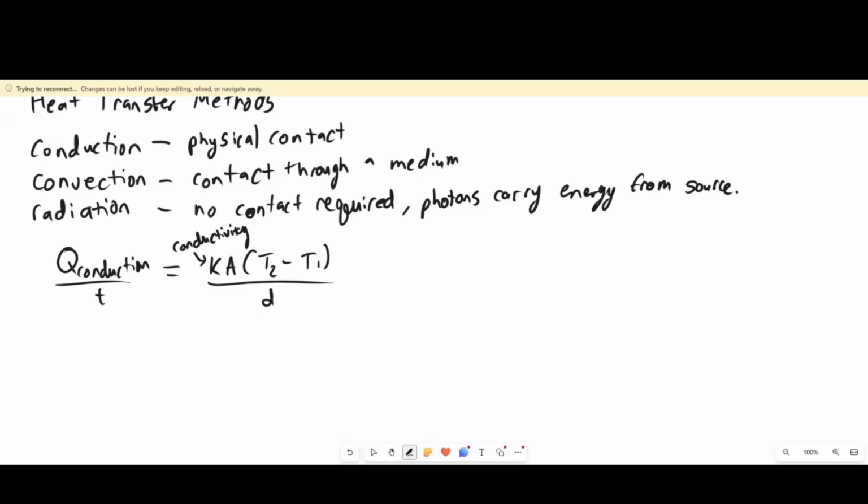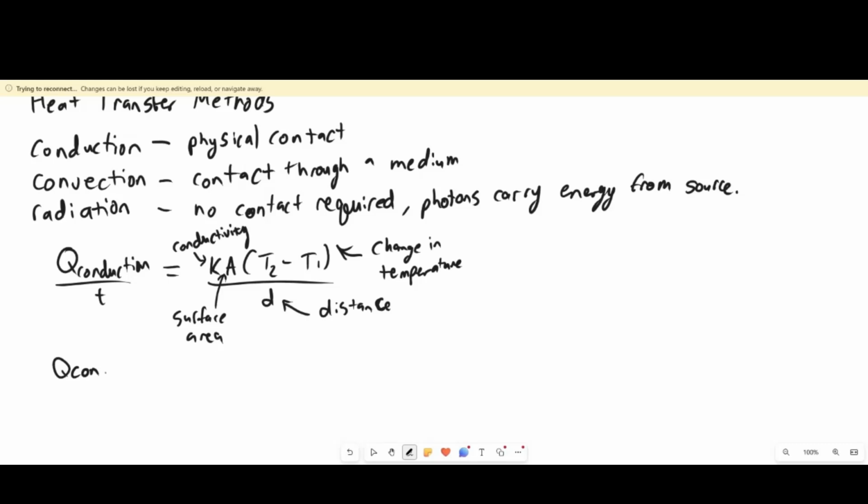So for example, a metal will be very good at conducting heat, and something like rubber would be a poor conductor of heat. Capital A is the surface area. These two T's are just the temperature, so this is change in temperature, or the difference in temperature between the two objects. And then D is the distance. And that would be the distance the heat has to travel between the hot and the cold side of the object.